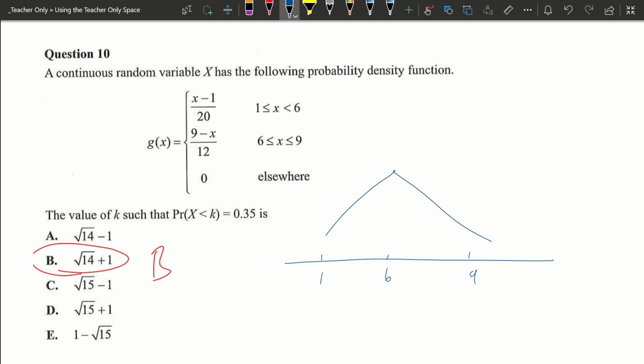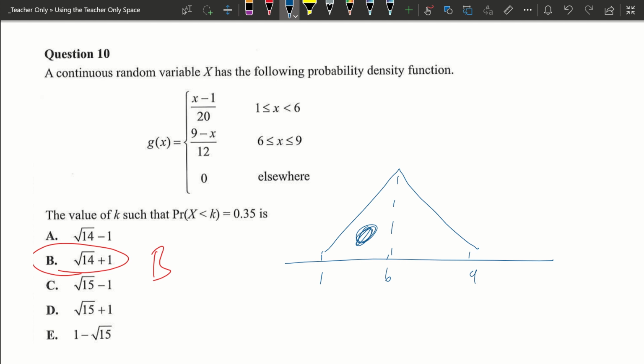The first thing you need to think is: is k here or is k here? That's going to make a huge difference. So that's the first thing you want to determine, which really means you want to find this area here.